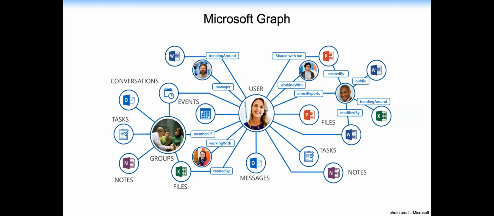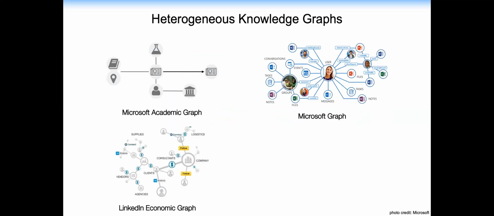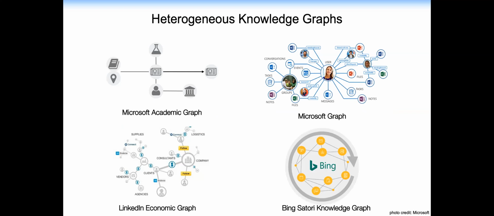And in the Office graph, you can see it has different types of entities like users, documents, spreadsheets, and calendar events, things like that, right? And essentially, the LinkedIn economic graph can also be considered a knowledge graph, not to mention the Satori knowledge graph that is powering Bing's semantic search experience.